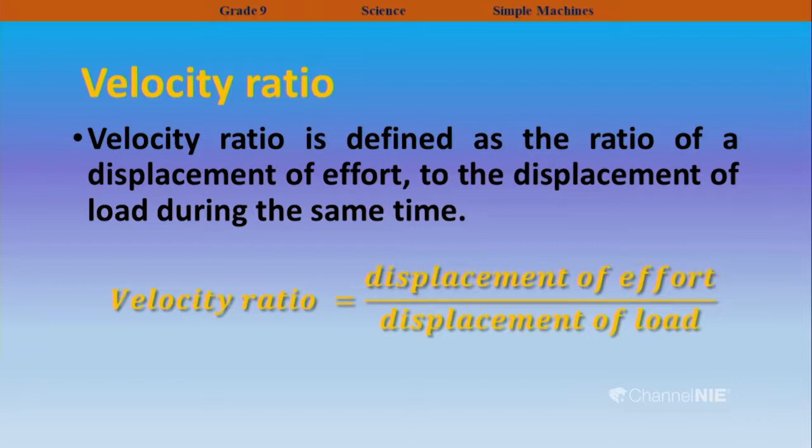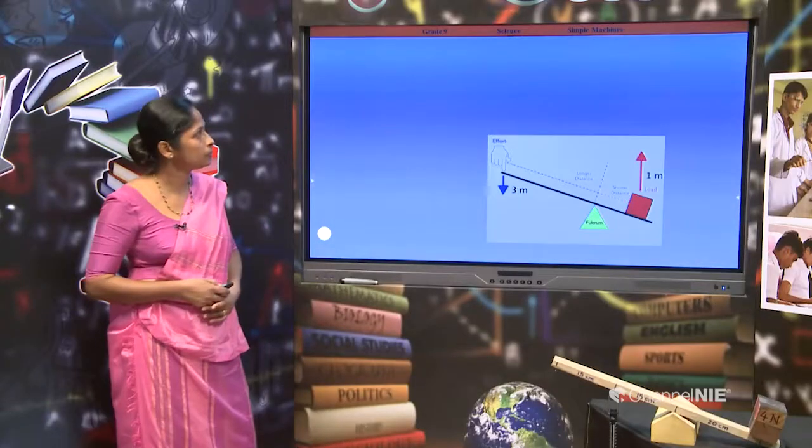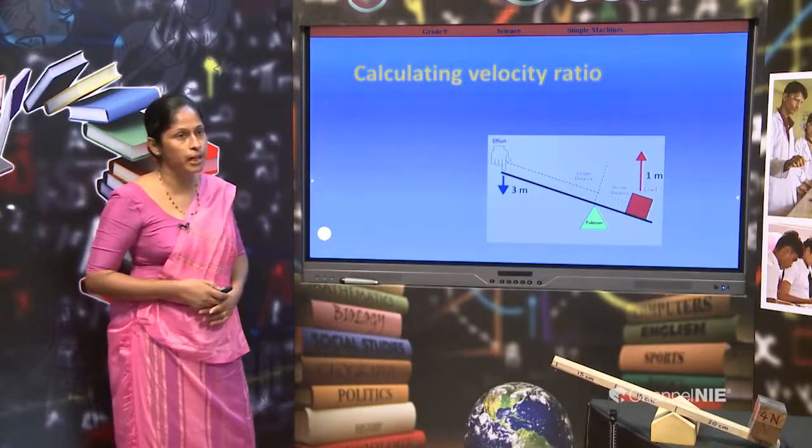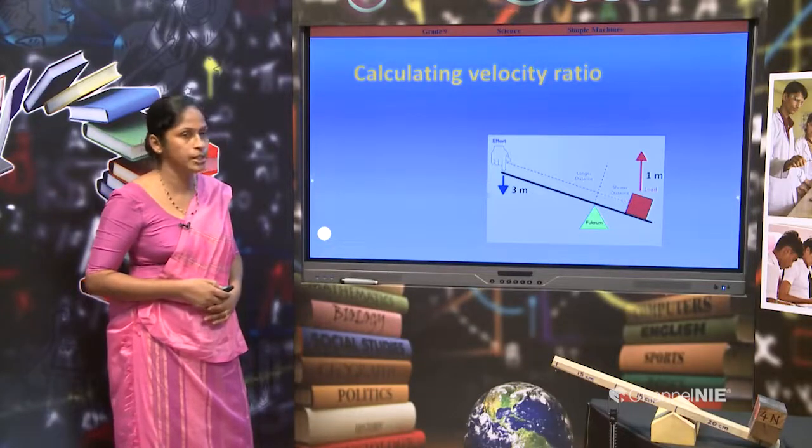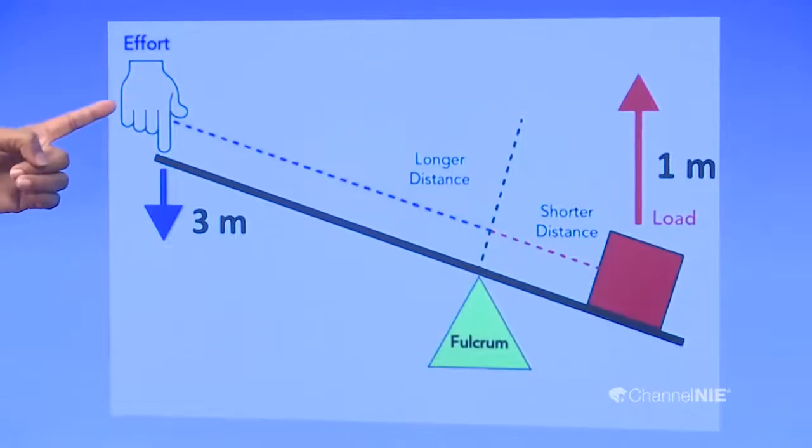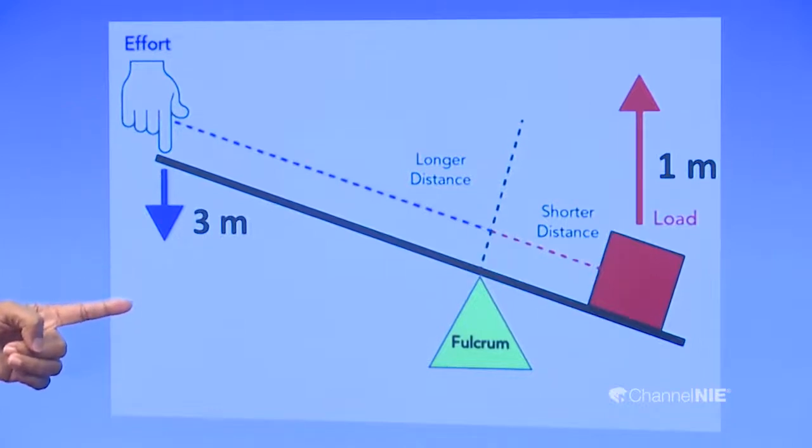It can be calculated by displacement of effort divided by displacement of load. Now, let us do a simple calculation for velocity ratio. Here the displacement of effort is 3 meters.